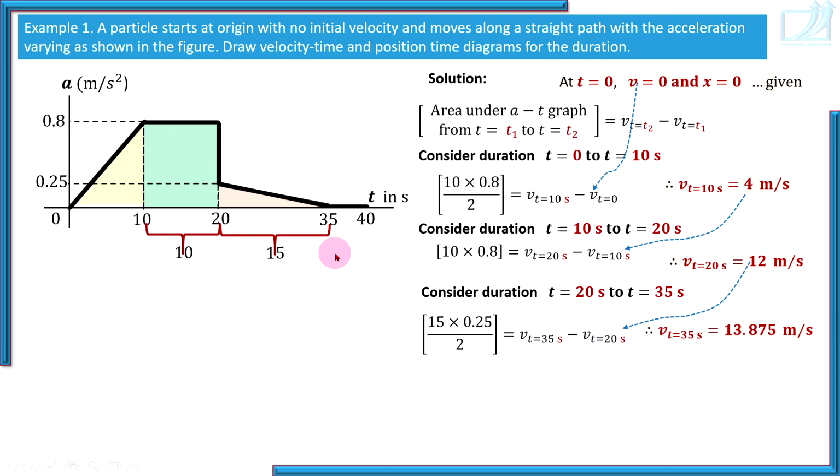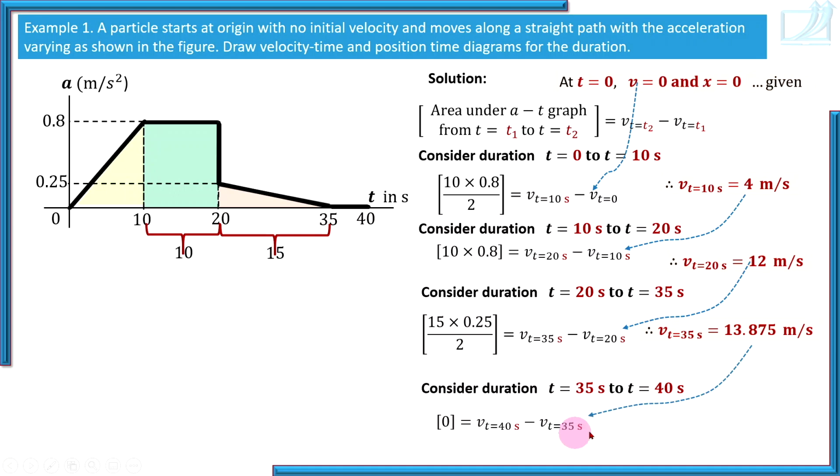Okay. Now consider the duration t equal to 35 to t equal to 40 seconds. In this interval, what is the area under the AT diagram? No area, 0 area. This is the area under the AT diagram, which is 0 in this case. That is equal to velocity at t equal to 40 seconds minus velocity at t equal to 35 seconds.